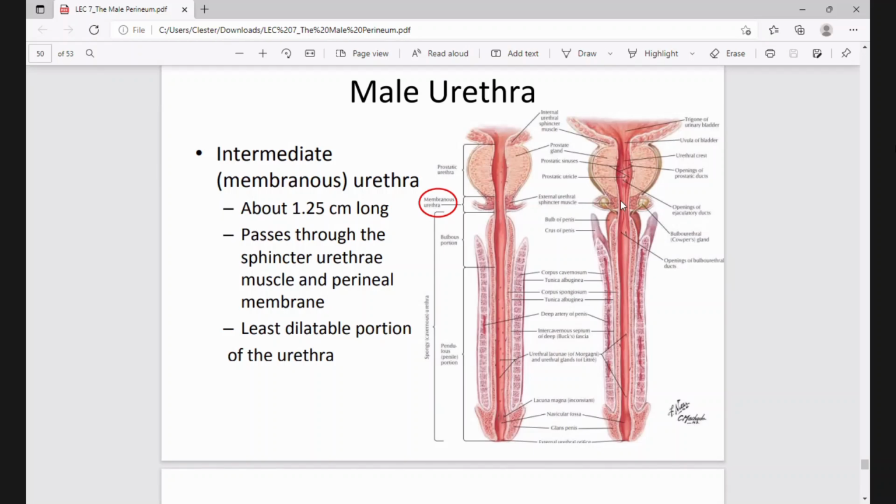And notice that in the deep pouch, you also find the bulbourethral gland. But I said that the duct of the bulbourethral gland does not empty into the membranous urethra. It empties here into the penile urethra, specifically at the bulb of the penis. It opens here, so you are now in the penile urethra.